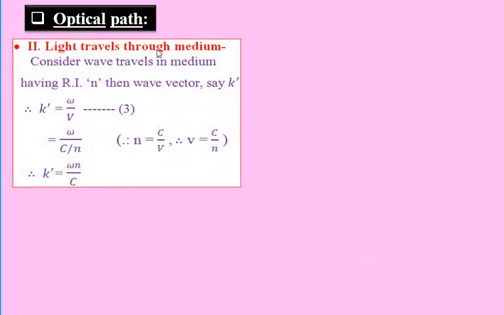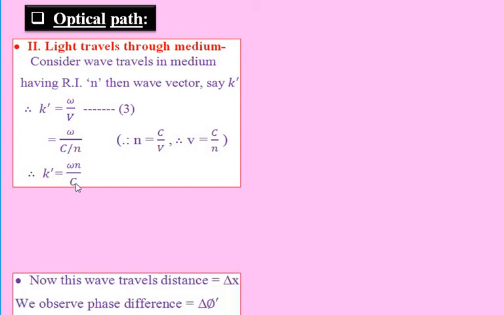Now consider light traveling through a medium having refractive index n and a wave vector, say k dash. Therefore, k dash is equal to omega divided by v, equation number 3, where v is equal to c by n, because n is equal to c by v. Therefore, k dash is equal to omega n divided by c.